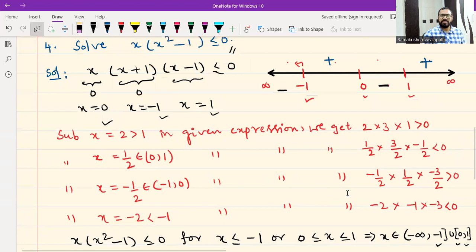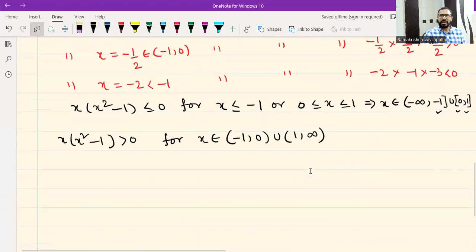You can see the expression is positive between -1 and 0, and it is positive for more than 1. So to solve these kinds of expressions, you can apply this technique. Well, I'll explain another concept using the same thing, so that later I will give the actual wavy curve method.